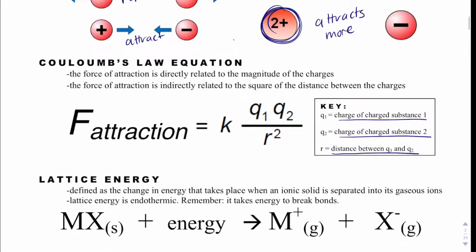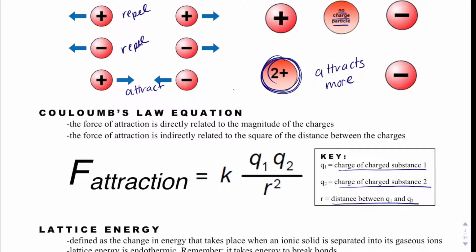Okay, so that is one part of Coulomb's law. The second part talks about the distance, and since distance is in the denominator, a large distance would actually lead to small attraction because you plug in a large number to your denominator, and mathematically that will lead to a lower force of attraction. So the force of attraction is directly related to the magnitude of the charges.